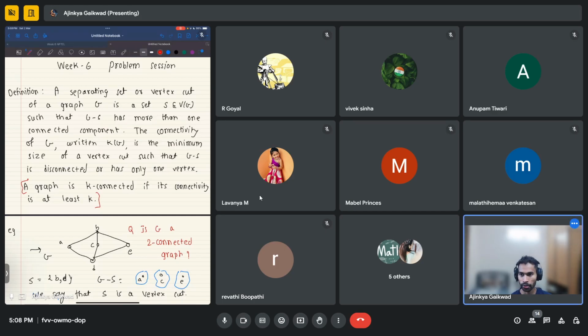The way I think about it, a graph is k connected if you remove any k minus 1 vertices, the graph remains connected. Here k is 2, so k minus 1 is 1. If you remove 1 or fewer vertices, the graph still remains connected, so clearly the graph is 2 connected.